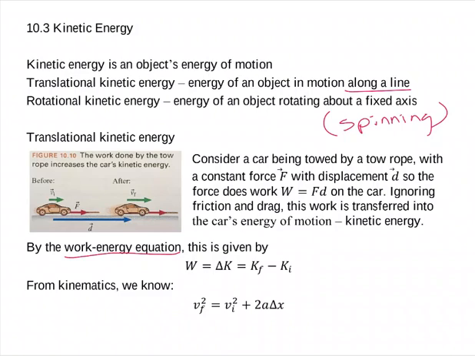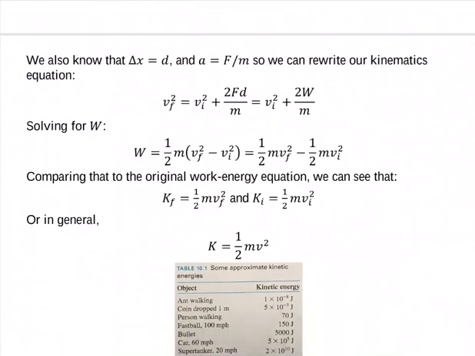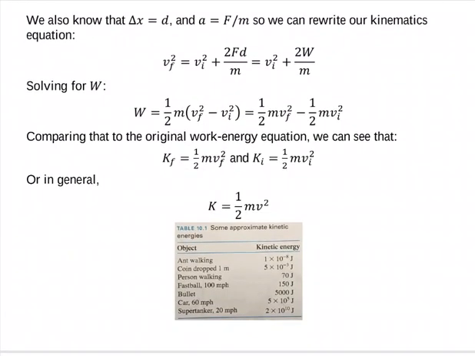So from kinematics, we know that v final squared equals v initial squared plus 2 times acceleration times delta x. And so from that, with the work energy equation that we have up top there, we also know that delta x is the same as d, and acceleration equals F over m.